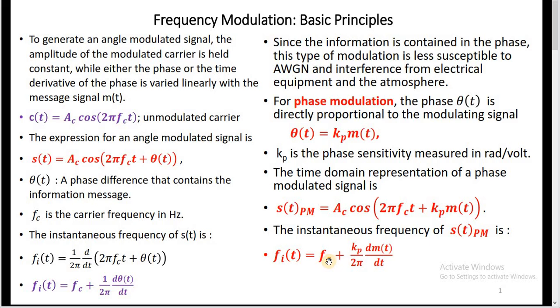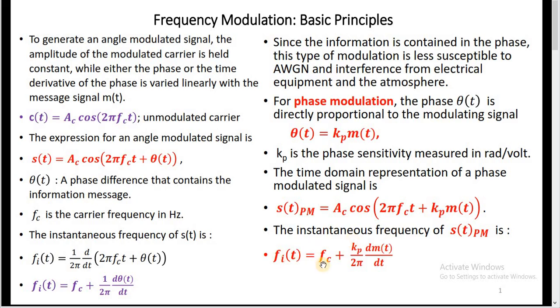So these are the three equations that govern the phase modulated signal. First, the phase difference is proportional to the message, Kp m of t. The second one is the time domain representation of the phase modulated signal, which is Ac cosine 2 pi fc t plus Kp m of t.